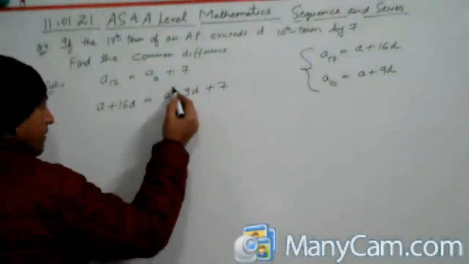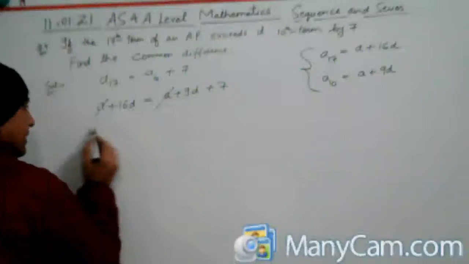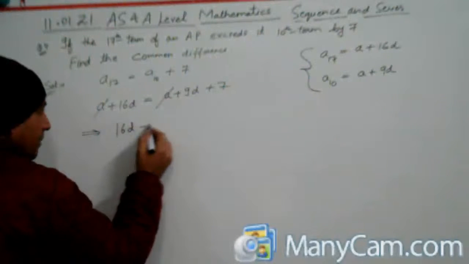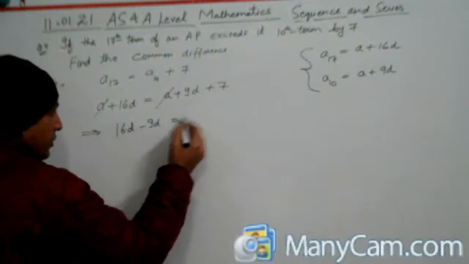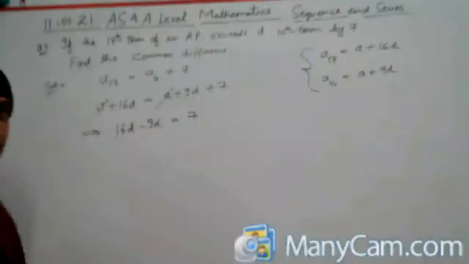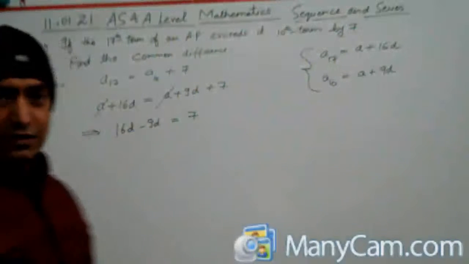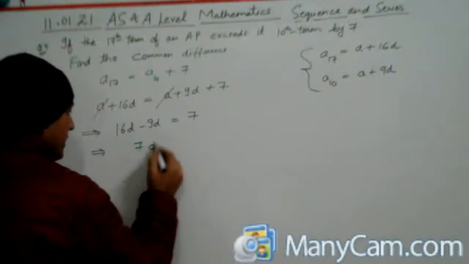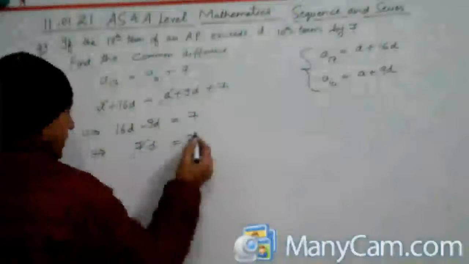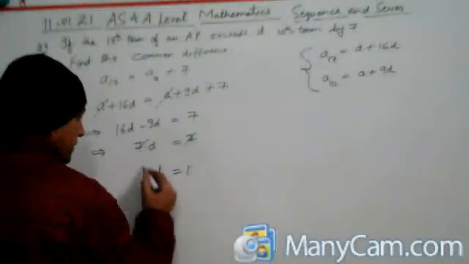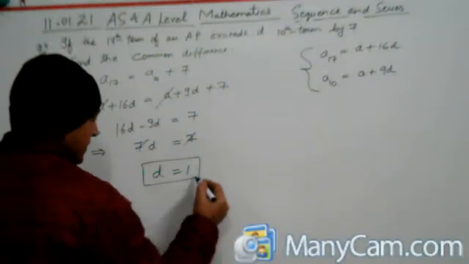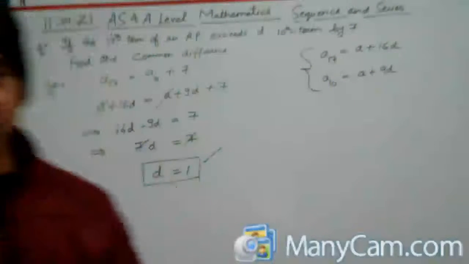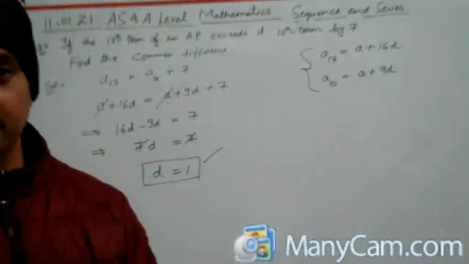Here a gets cancelled with a. This implies that 16d minus 9d is equal to 7, so 7d is equal to 7. So the common difference in this AP is 1, right?